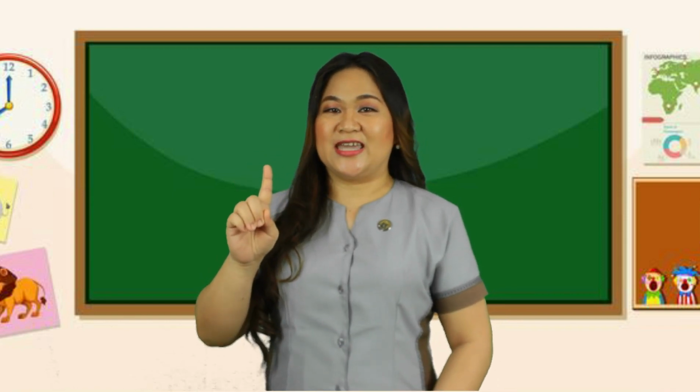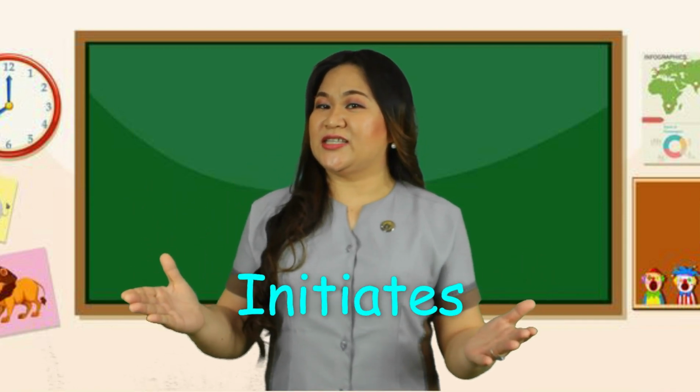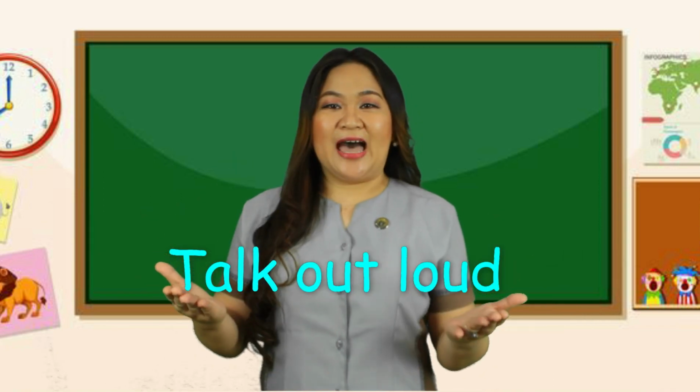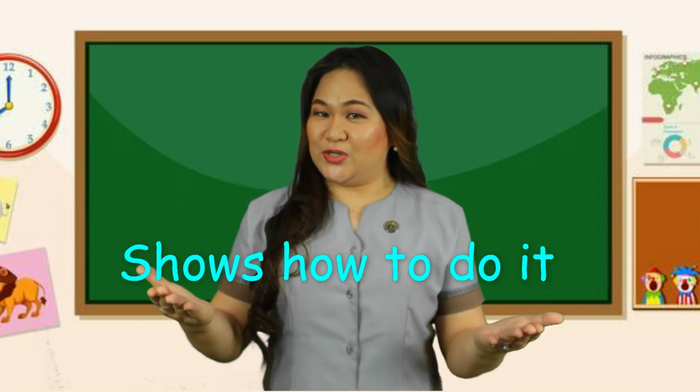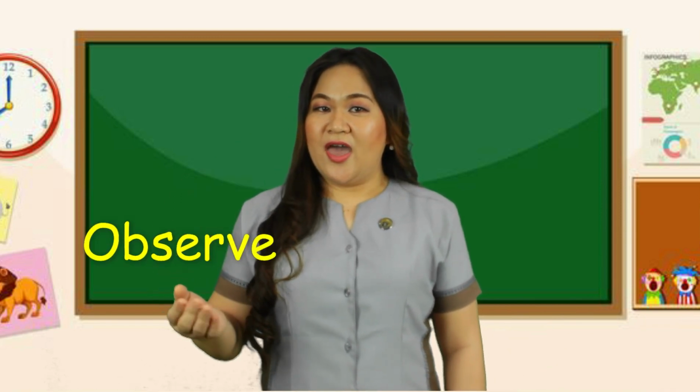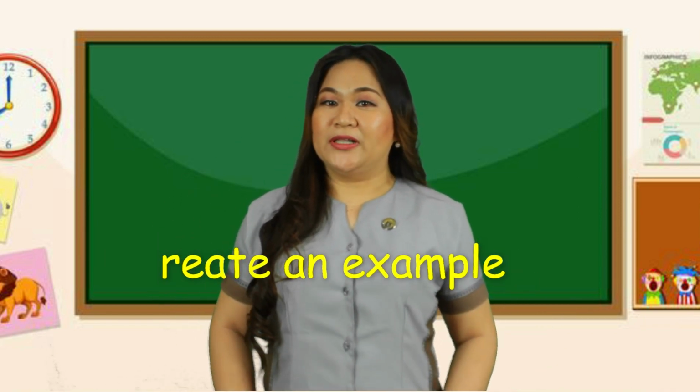The teacher can provide many examples that students can use to come up with their output. During the stage, the teacher initiates, models, explains, talks out loud, and shows how to do it or demonstrates. While the learners listen, observe, and create an example based on the teacher model.